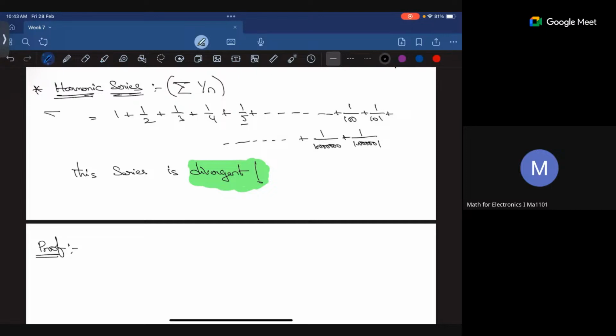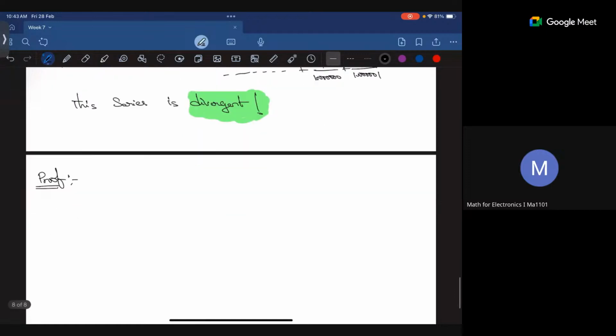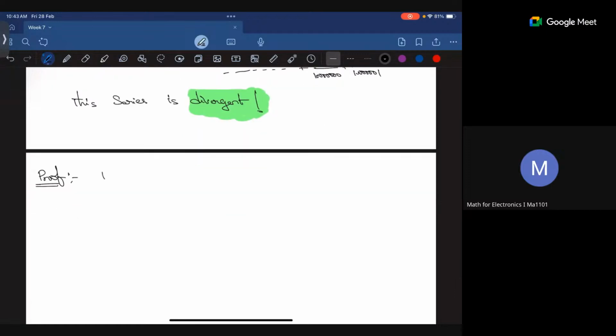So let's label this. Let's say this is the series with n equals 1 to infinity. Okay. Now we have 1 plus 1 by 2 plus 1 by 3 plus 1 by 4 plus and so on. What I'm going to do is group these terms together. I'm going to keep 1 by 2 alone, but from then on, I'm going to group 1 by 3 plus 1 by 4 together.